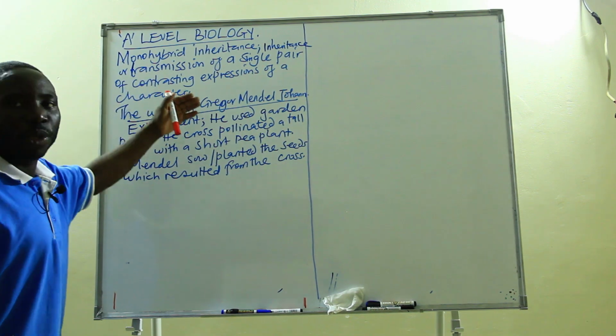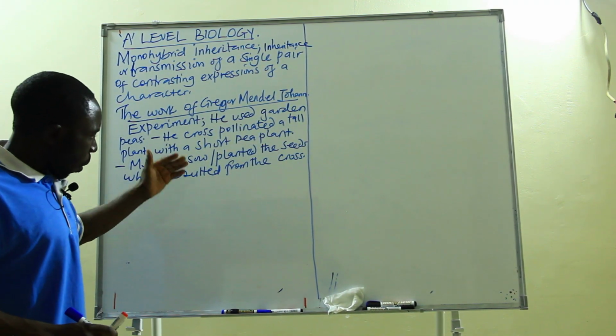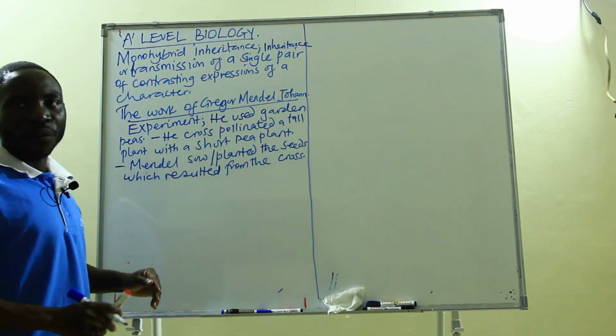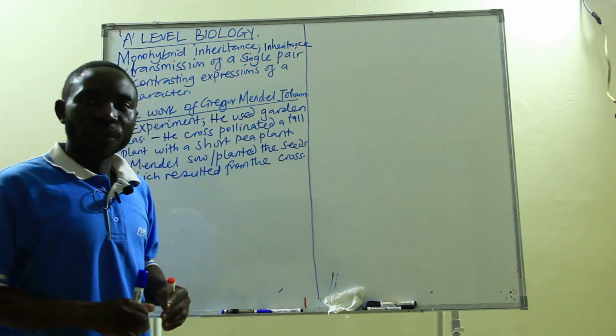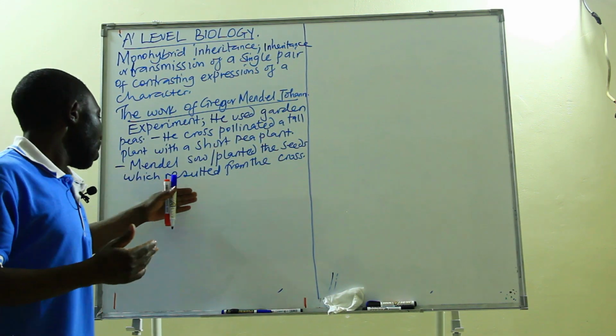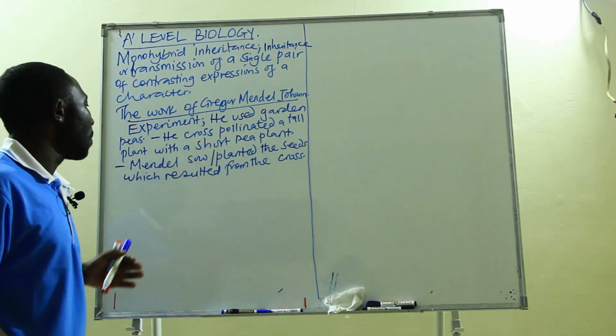The seeds which were produced were sown. And so, what was the observation? Mendel observed that all the plants produced here were tall pea plants.